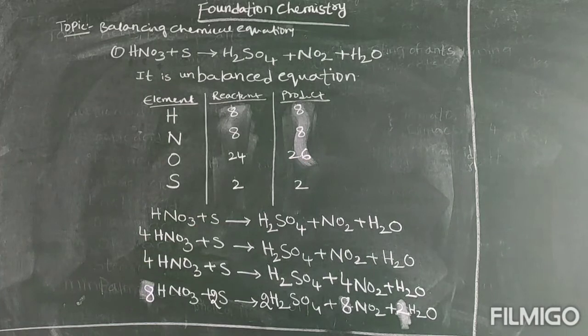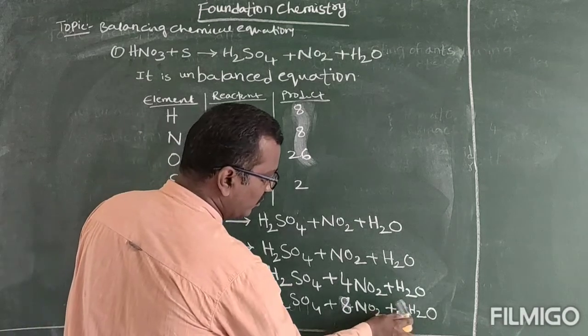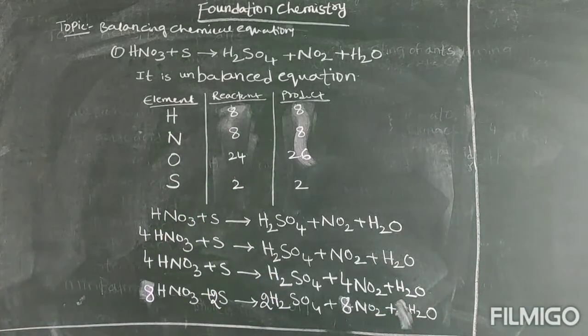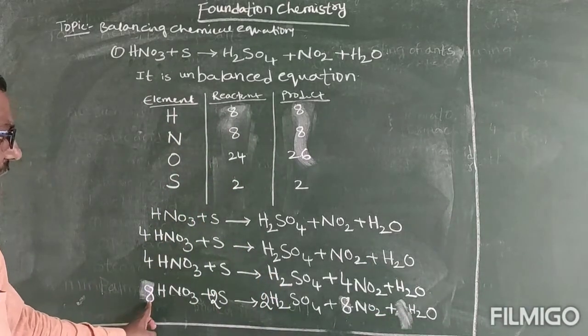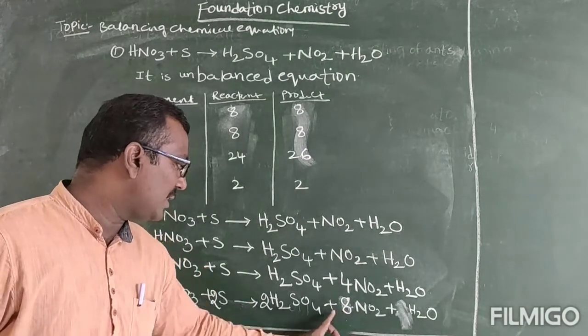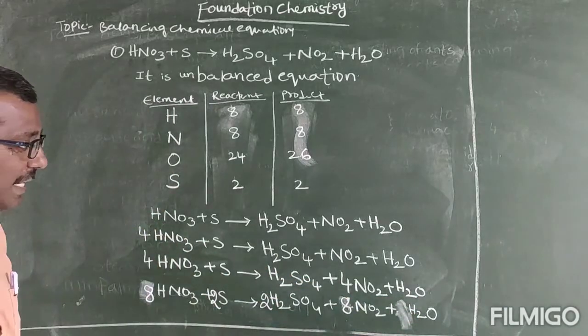If I want to reduce 2 there, how can I reduce 2? Suppose if I remove this 2, whether I am getting or not, we will see now. 8 2s are 16, 24 plus 1 only I am getting. I am not getting.